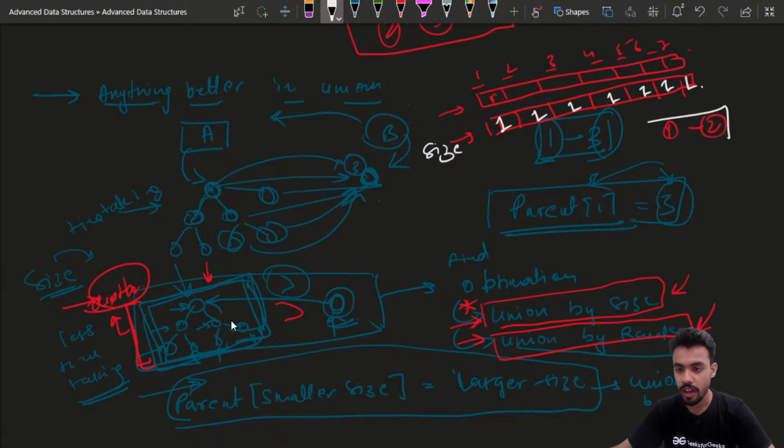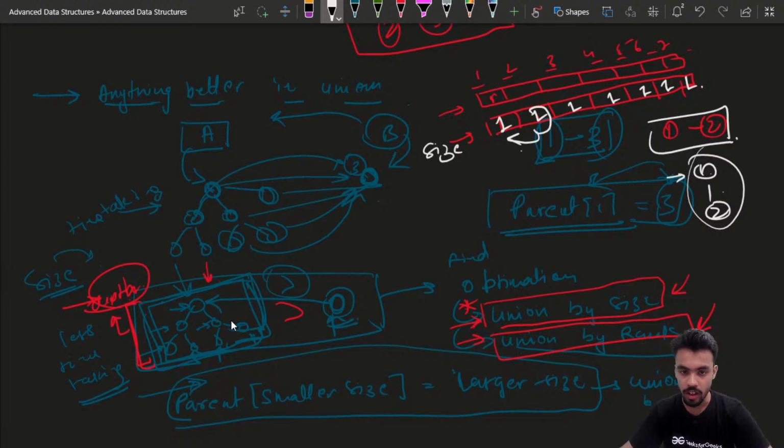Now suppose 1 is getting connected to 2. Then 1 is going to behave as the parent, the representative of this particular group. So we add the size value of 2 into the size value of 1, and the size value of 1 becomes 2. That means the group represented by 1 has size 2. Now suppose 2 is getting connected to 3.